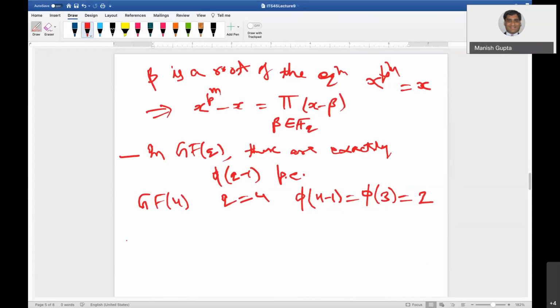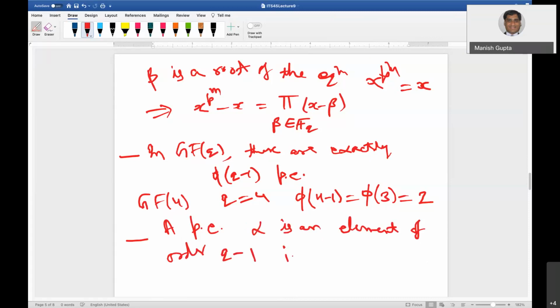And I already mentioned this, but I'll just reinforce it. A primitive element alpha is an element of order q minus 1. That is, alpha raised to power q minus 1 is equal to 1.